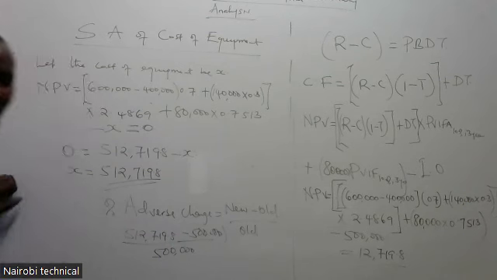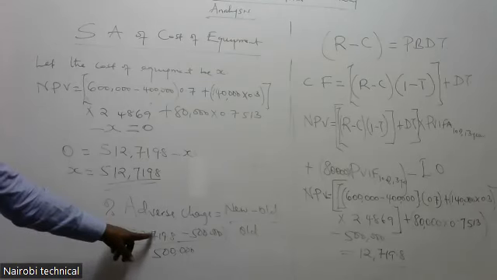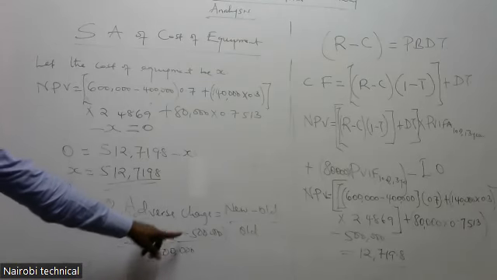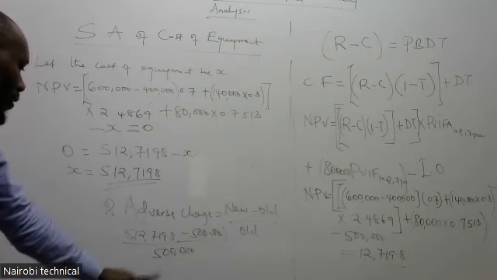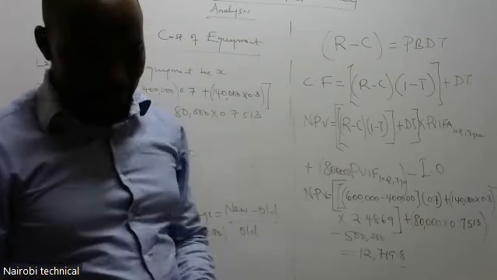That's what we have. What is the answer now? 512.7198 minus 500 all over 500. What is the answer?